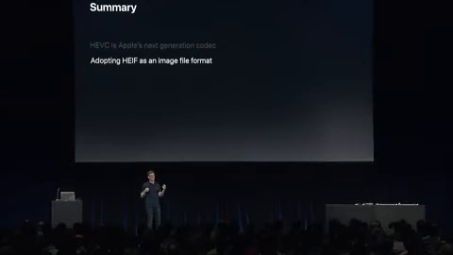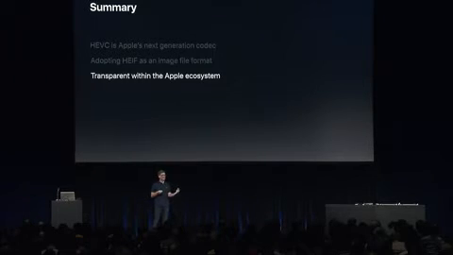In summary, there are a few points with regards to HEIF and HEVC that I'd really like to highlight. HEVC is Apple's next generation codec, which we're going to use for encoding both images and videos, and is providing up to 2 times the compression improvement for Apple captured content. We're adopting HEIF as our image file format. This image container provides us with a flexible format which we can use well into the future.